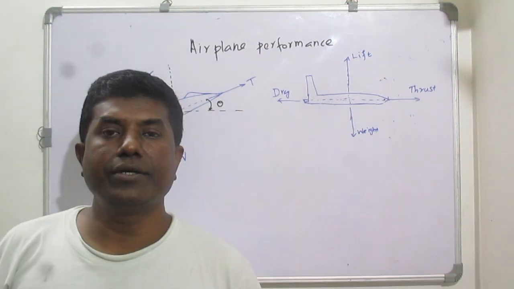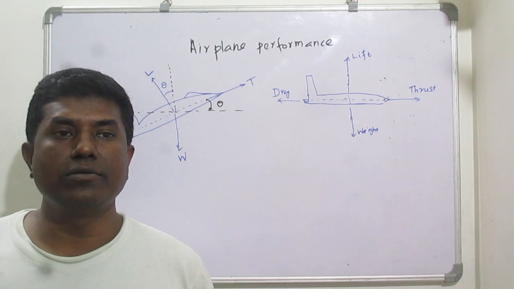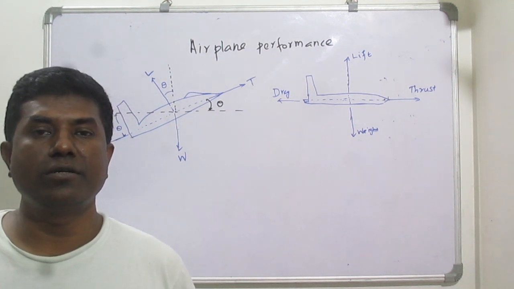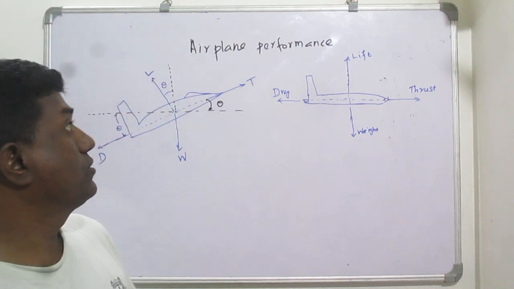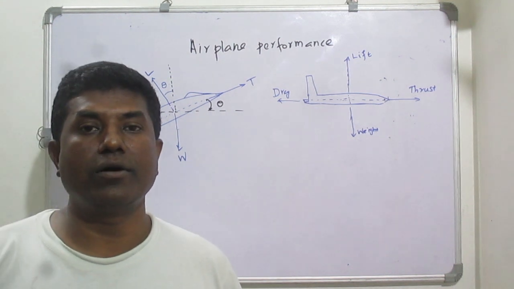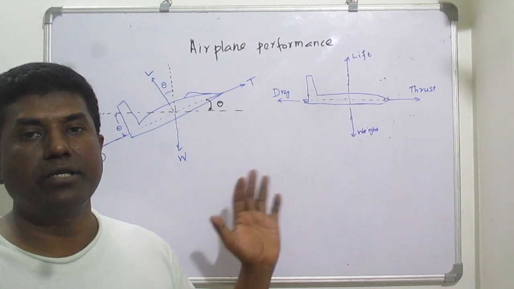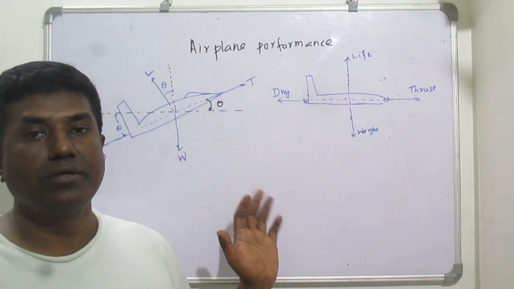Hello friends, in the series of learning aerodynamics, let us start to discuss some of the important aspects of airplane performance. When we want to start discussing airplane performance, first of all we need to understand the equations of motion of the aircraft.